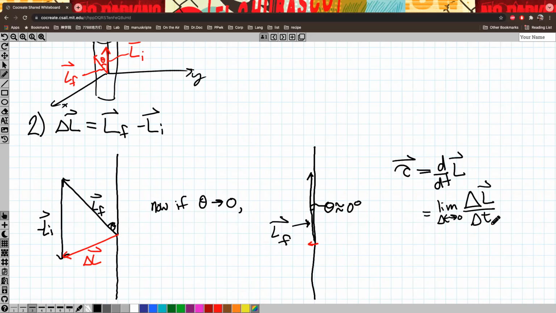I would say this is an approximate relation. If it's constant, then you basically have a linear y equals mx plus b kind of thing, where your slope is calculated from the rise over the run. So basically torque and delta L have some relation to each other.